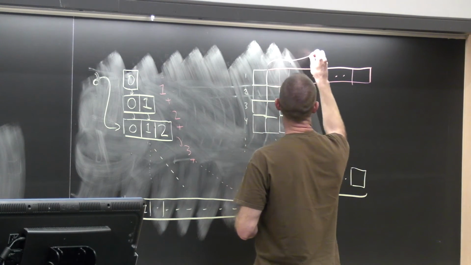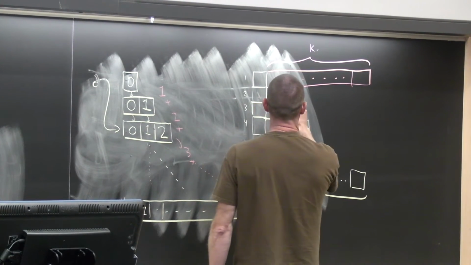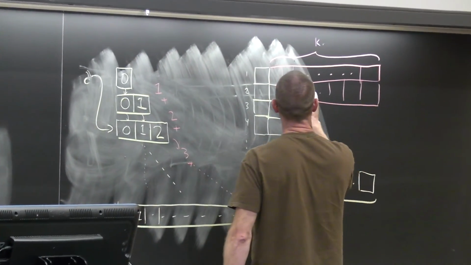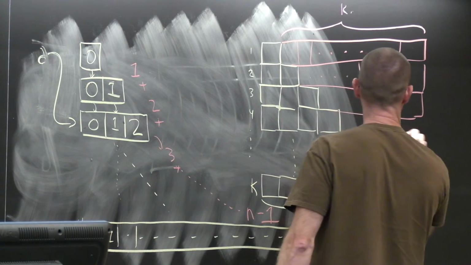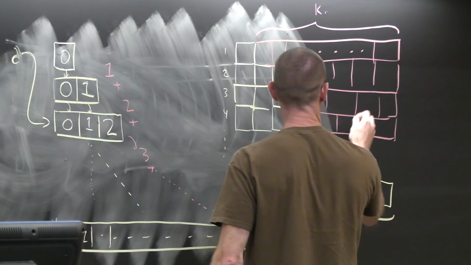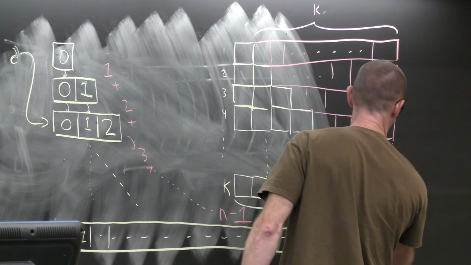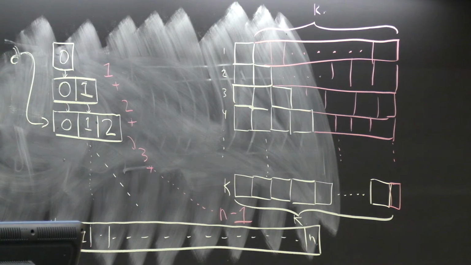This is k things. This here is k minus 1 things. This is k minus 2 things, k minus 3 things, and so on, and you finish here with 1 here. Okay? Do you agree? Good. Well, how many squares are in this picture?